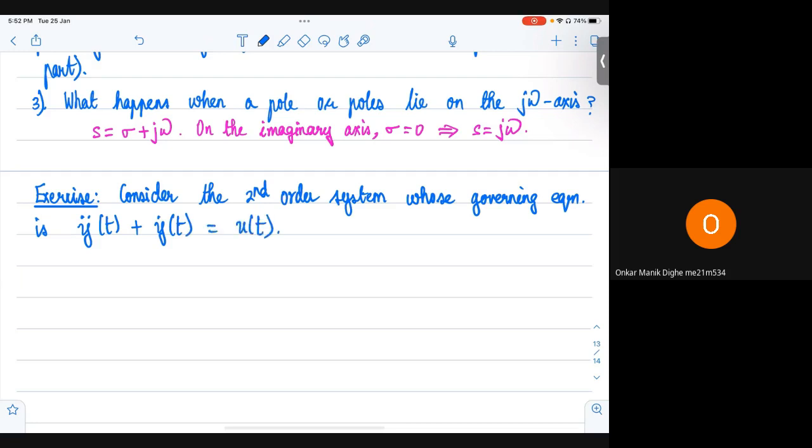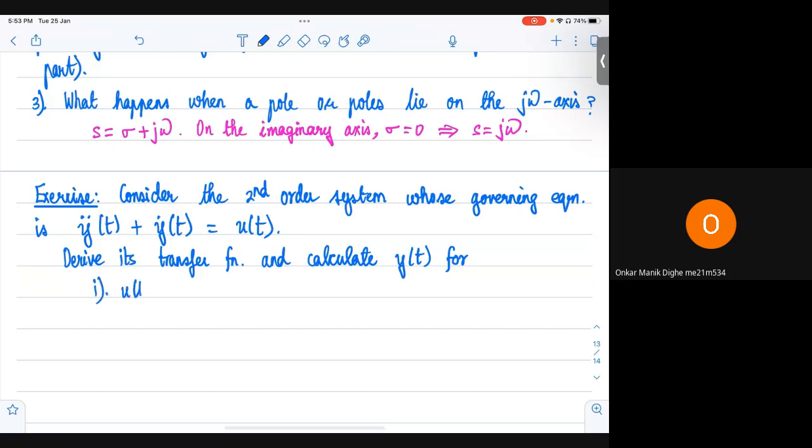This is the governing equation of this second order system. Now what I want you to do is the following. First, derive its transfer function, similar to the process that we have already done in today's class, and calculate y of t for two inputs.